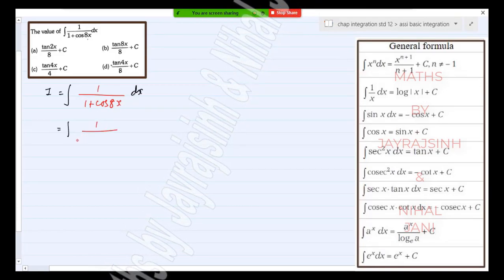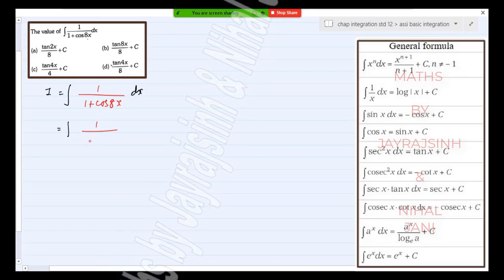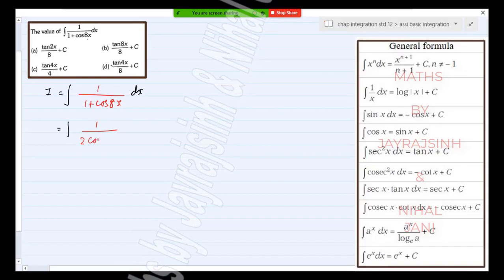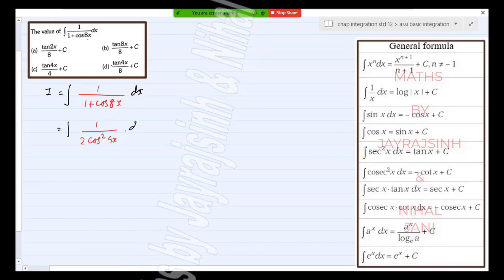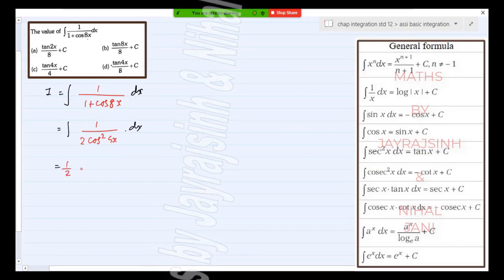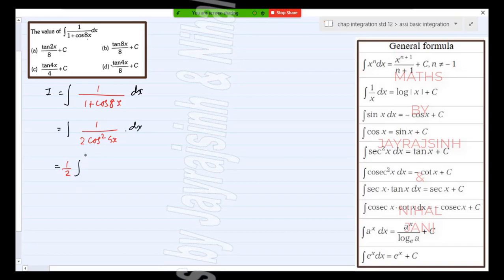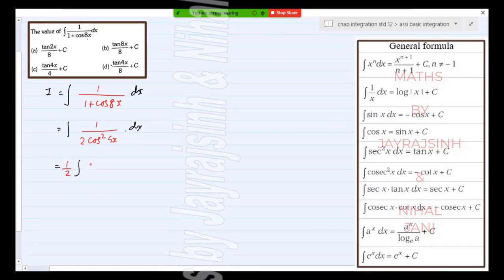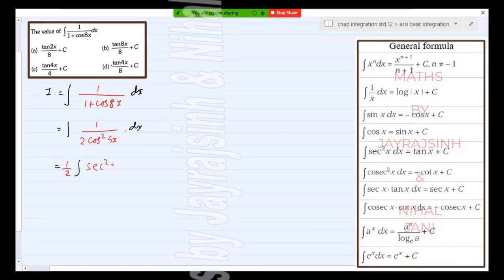We can say 1 plus cos will be 2 cos square half angle. So our denominator will become 2 cos square 4x. Now we don't have to worry about this 1 by 2. It's a constant.